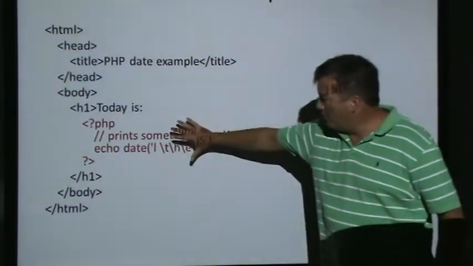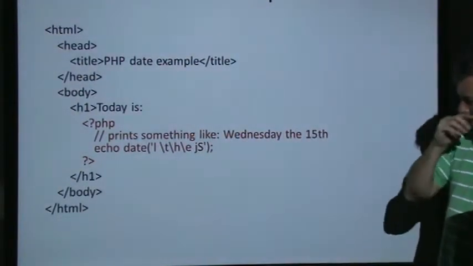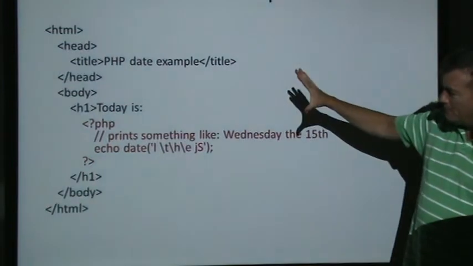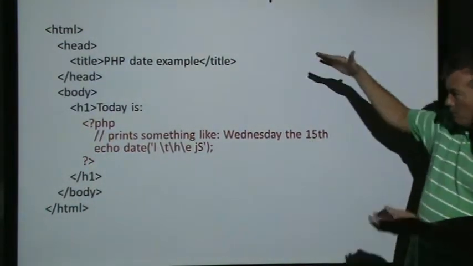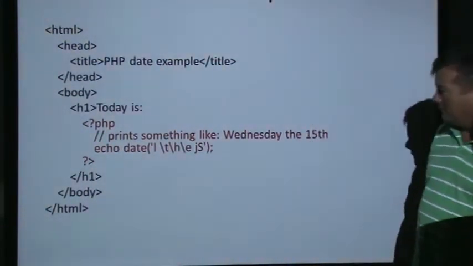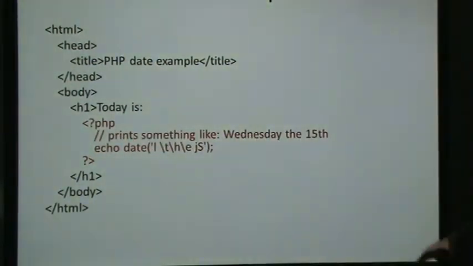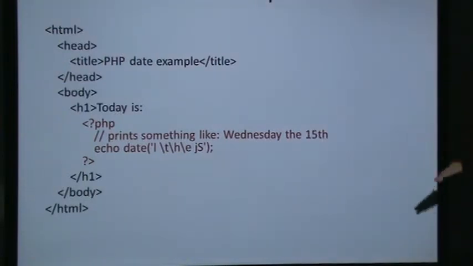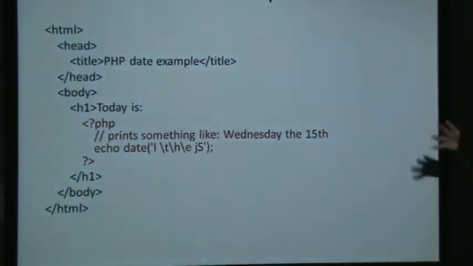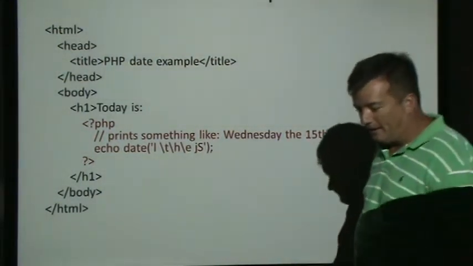We manually typed in the words Wednesday the 15th. If we went to look at this website, it would say Wednesday the 15th. It would just be one web page that says Wednesday the 15th on it. If we came back 3 days from now, it would say Wednesday the 15th. It'll always say Wednesday the 15th, no matter what day it is.